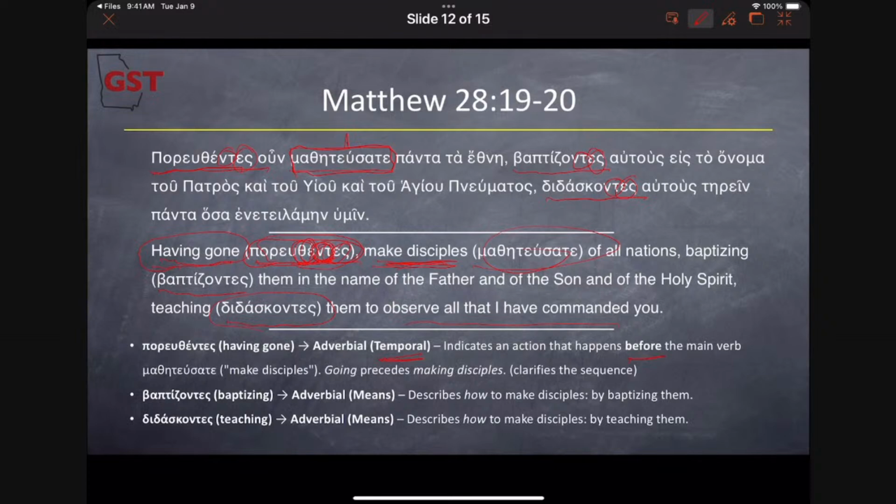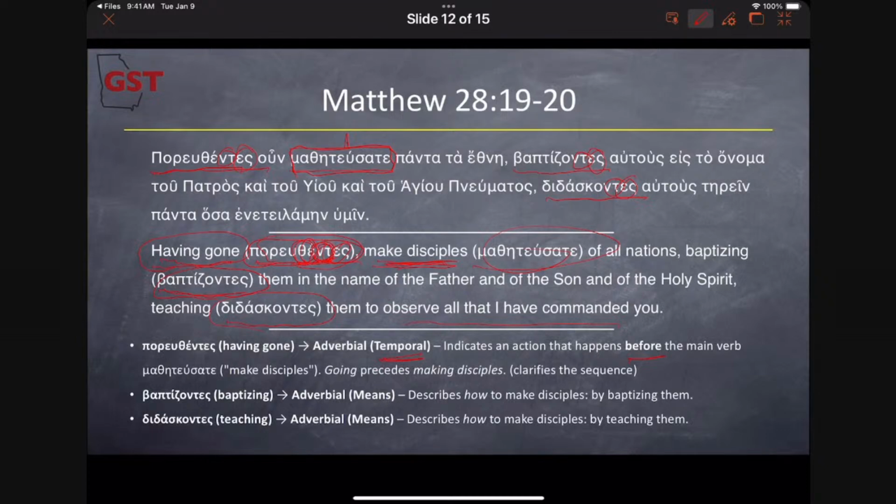Okay. Now, baptizing, baptizontes, again, it's the epsilon sigma case ending. If I'm working from the outside in, let's start from the right to the left. Epsilon sigma is a nominative plural case ending. The nu tau, again, is our active voice. And this is the present tense, the baptiz.